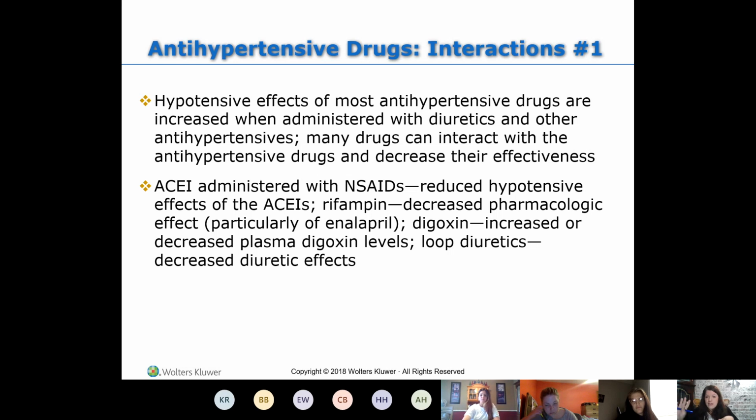So if we're given diuretics and a beta blocker, our chance for that postural hypotension that I told y'all about is going to be more likely to happen because they're getting 2 blood pressure medications essentially. Did that bring you up to par? Did I confuse you more?